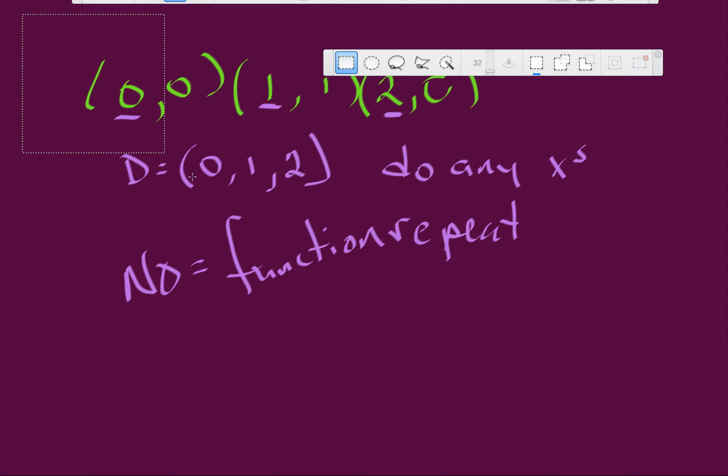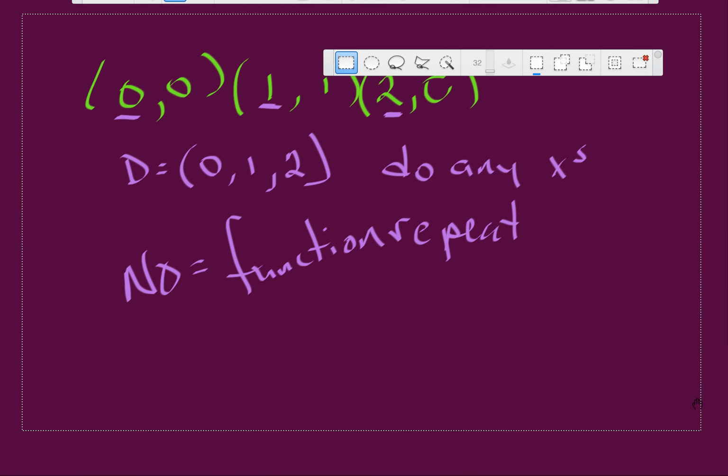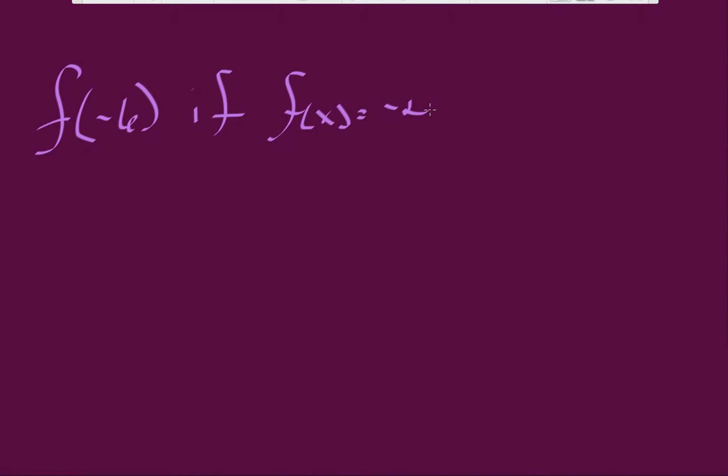Next thing is just plug and chug. Whatever's inside the parentheses, like f of -6, if f of x is -4x plus 5, looks like this.